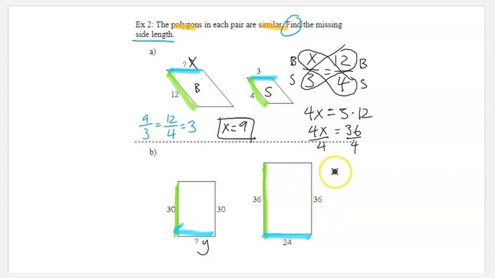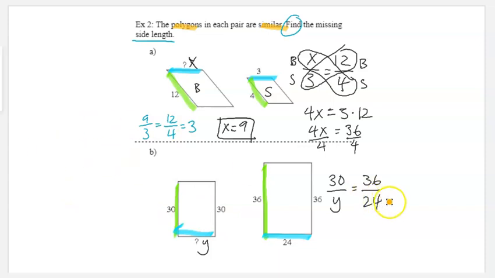And let's go ahead and see what happens if I put the sides of the same figure in a ratio. So this time I could do 30 divided by y equals 36 divided by 24. So y and 24 now are matching because they're the corresponding sides. 30 and 36 are now matching because they are the corresponding sides.